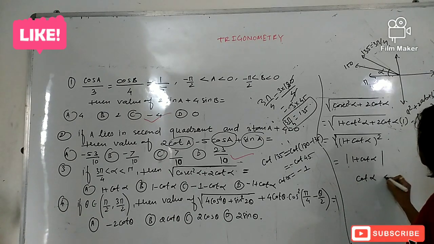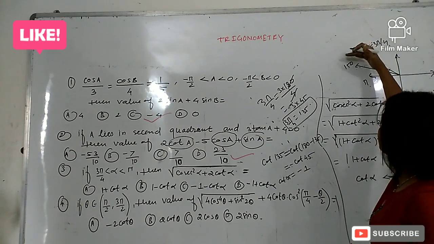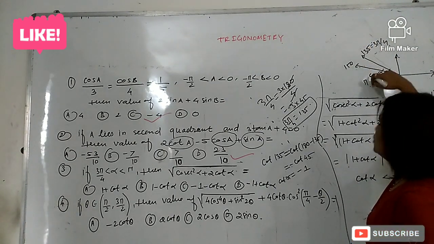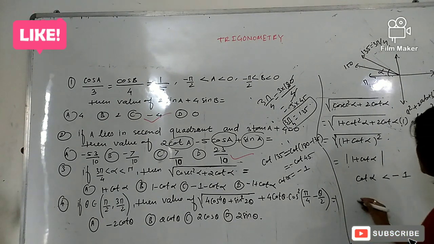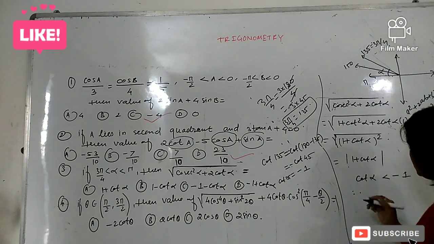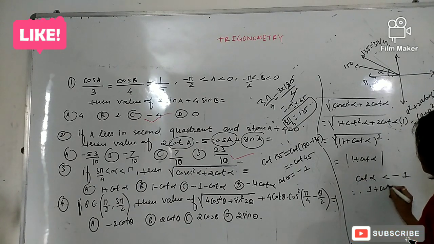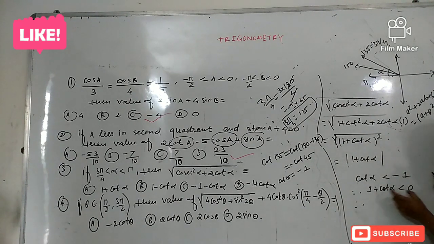So here is one conclusion, that cot alpha value is less than minus 1. It starts from minus 1 and then keeps decreasing toward pi. So cot alpha value is less than minus 1. Therefore, if I shift this minus 1 toward the LHS, we get 1 plus cot alpha less than 0. Less than 0 means the value of this expression is negative.